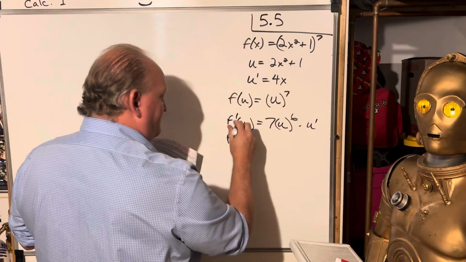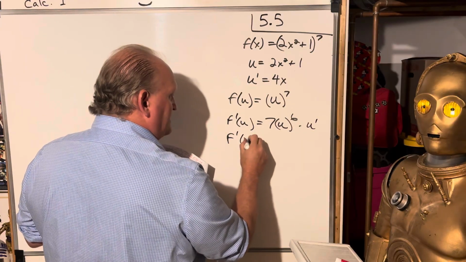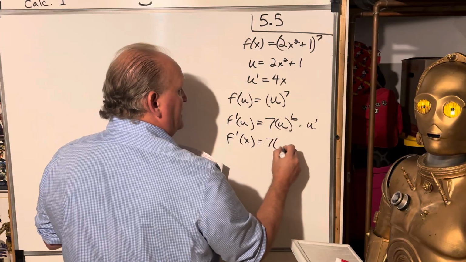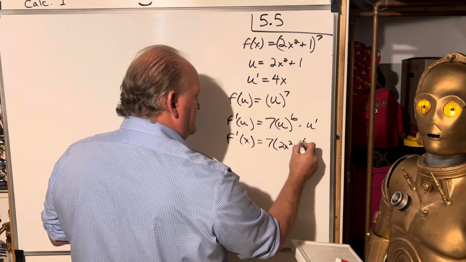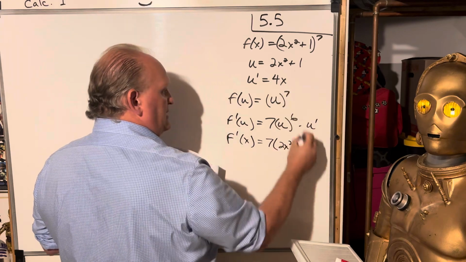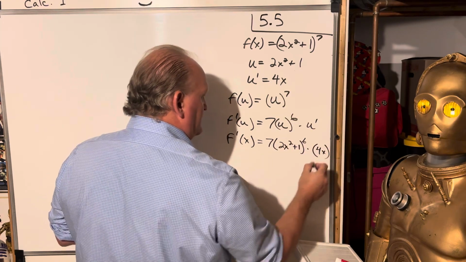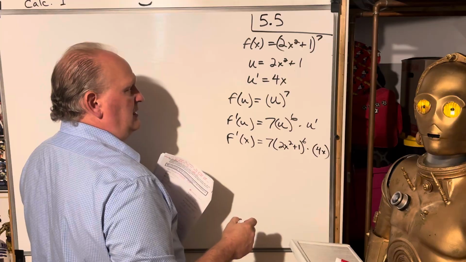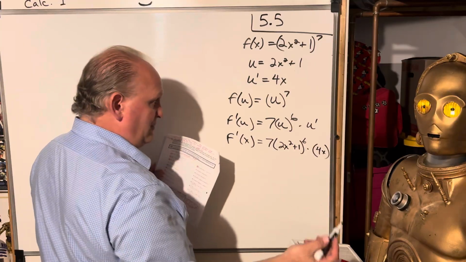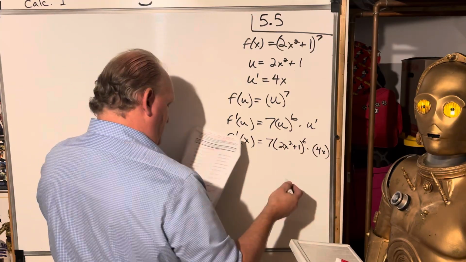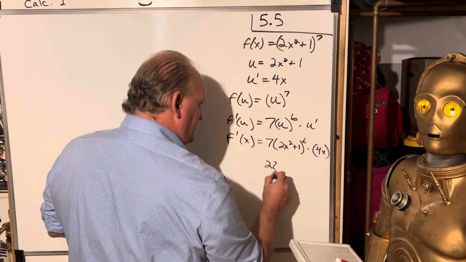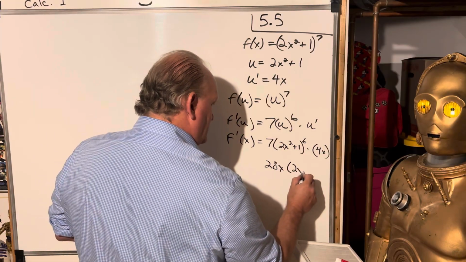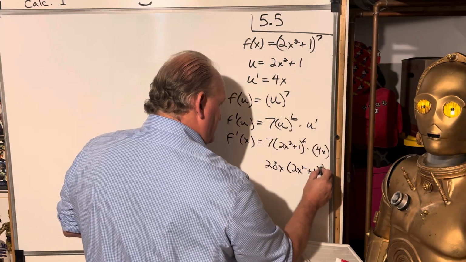All right, so f prime of x, then, we would just replace this back in here, 2x squared plus 1 to the 6th, and we would replace that with that for x. And then that was it. You know, we'd multiply that out and say 28x times 2x squared plus 1 to the 6th.